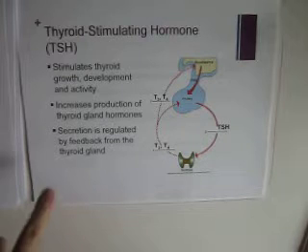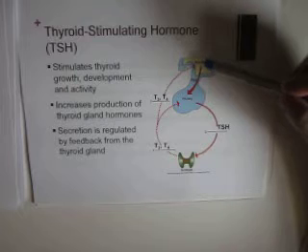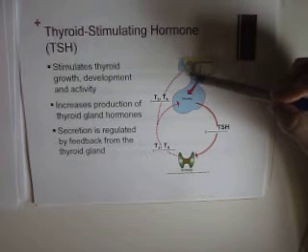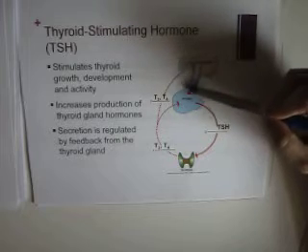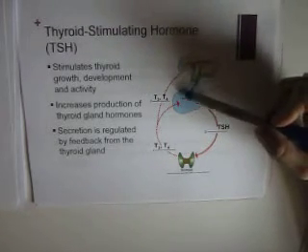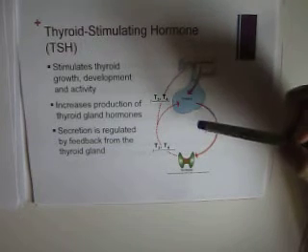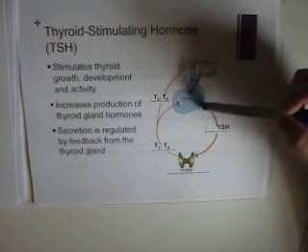Secretion is regulated by feedback from the thyroid gland. So the hypothalamus sends out a little signal and says, hey, you should put this out there. It sends out thyroid releasing hormone, which says, you should send out some TSH, some thyroid stimulating hormone. And the pituitary says, okay.